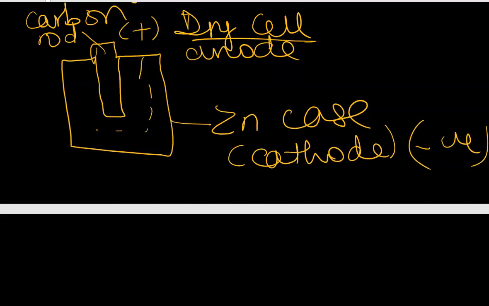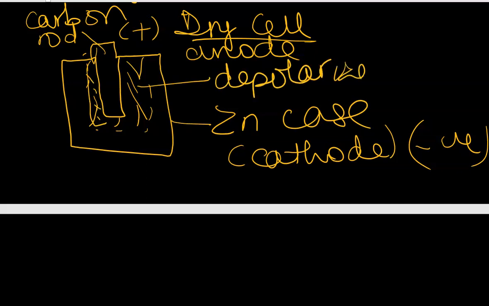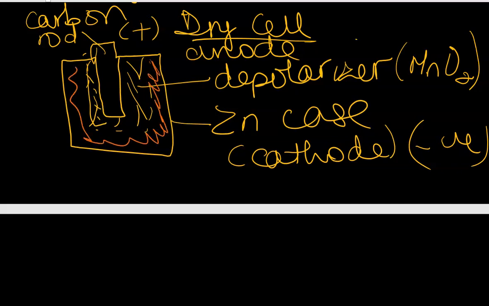Then just around the carbon rod, you have something called your depolarizer, manganese dioxide. And then between your depolarizer and your zinc casing, you have your electrolyte, ammonium chloride.